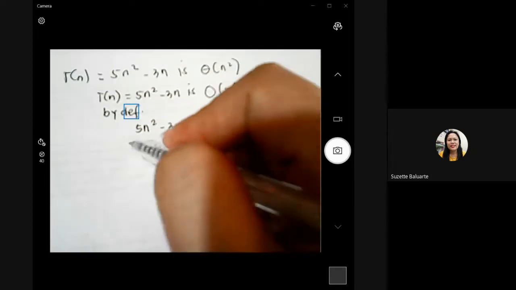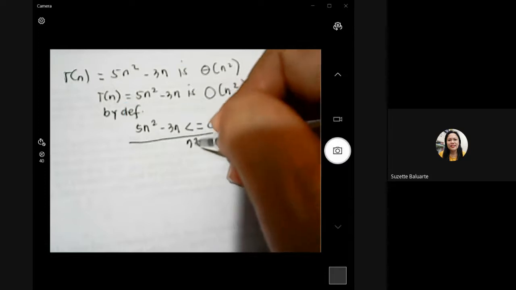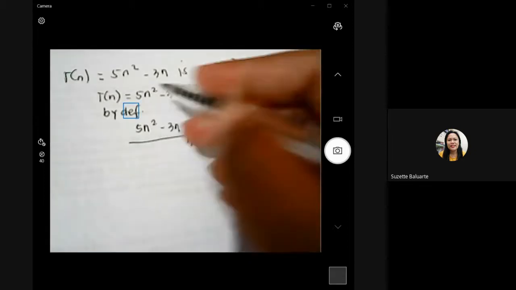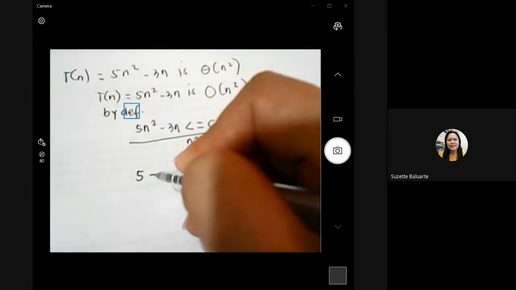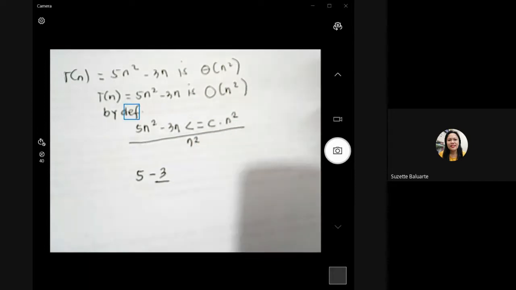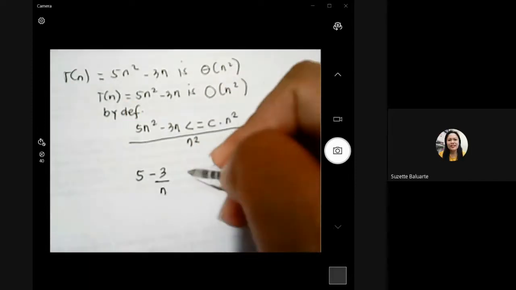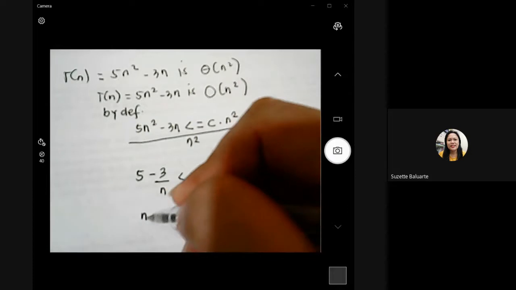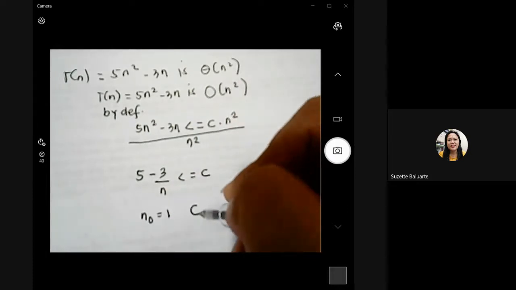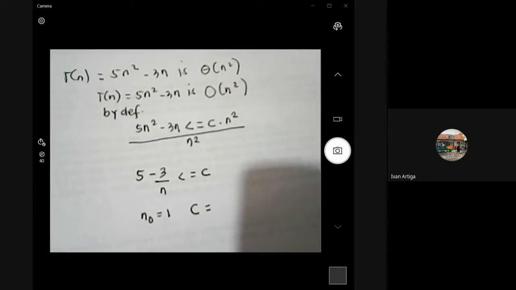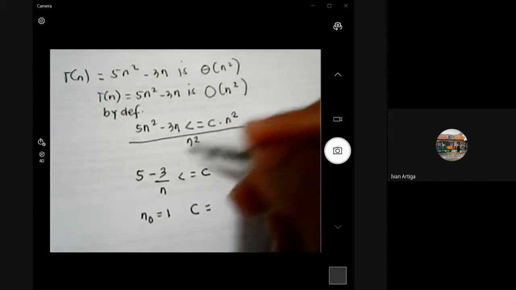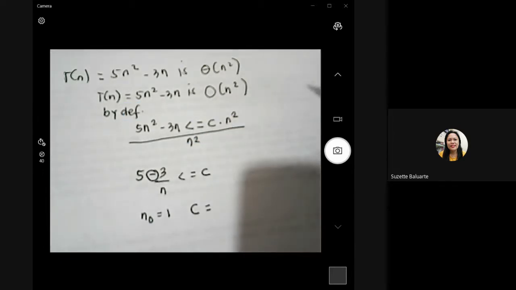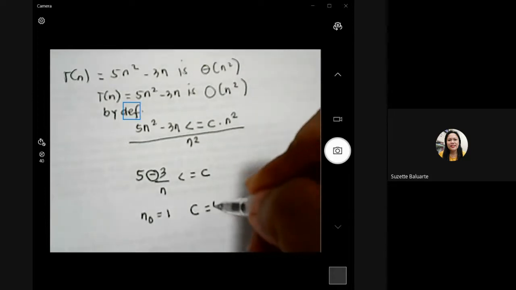Divide both sides by N squared. Then it would be 5 minus 3 over N, less than or equal to C. If N naught is equal to 1, what is your C? It is 5, because this is case number 2 with the minus, not plus.